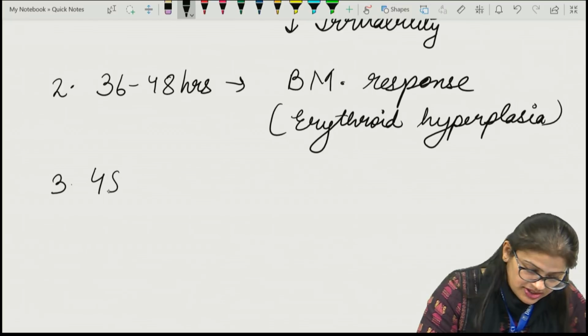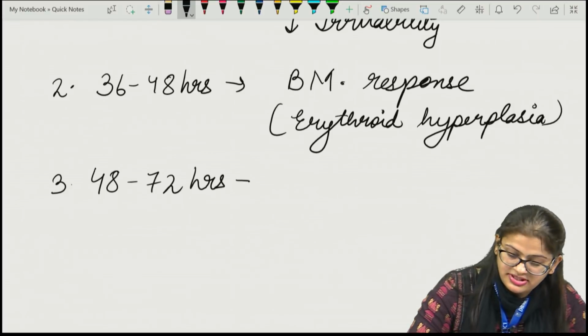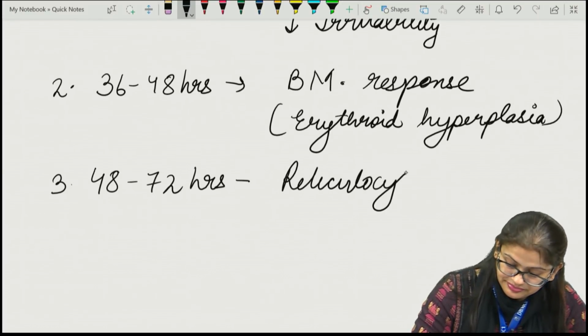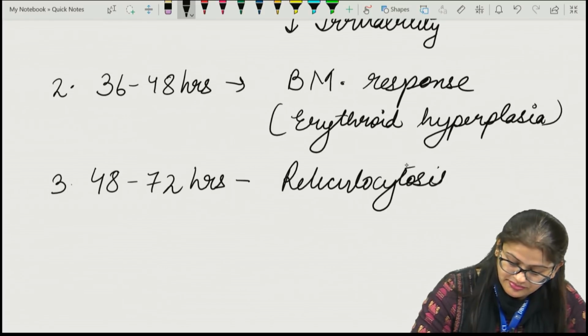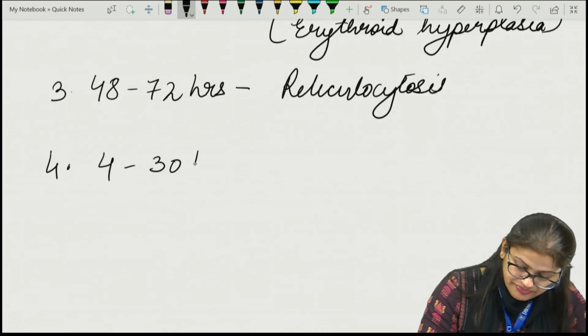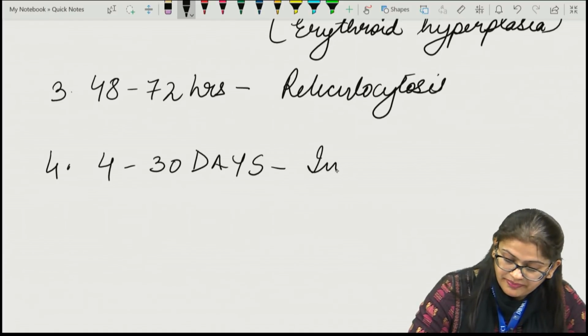And within 3 days, a reticulocyte response can be seen. And in 4 to 30 days, an increase in hemoglobin will manifest.